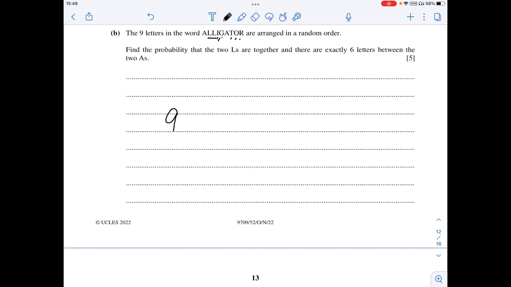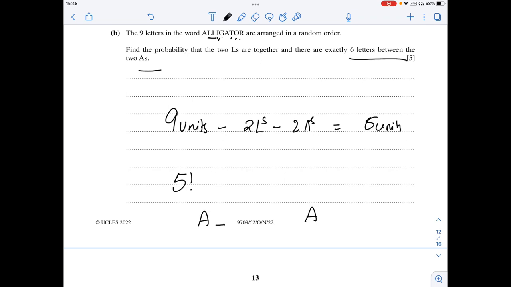So I take 9 units minus 2 L's minus 2 A's, and there are 6 letters between 2 A's. So totally how many units are there? 5 units are there. These 5 units can be arranged among themselves in how many ways? 5 factorial ways. There are two A's, and between those two A's, there should be 1, 2, 3, 4, 5, 6.